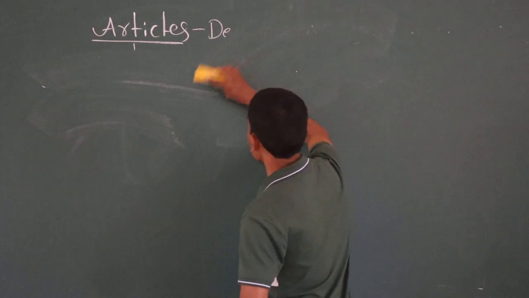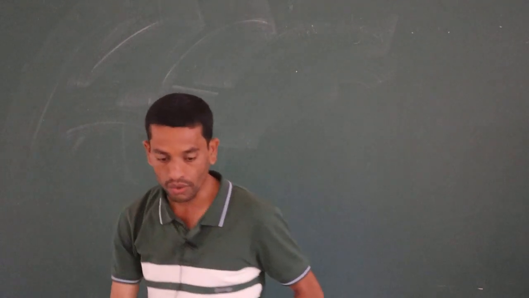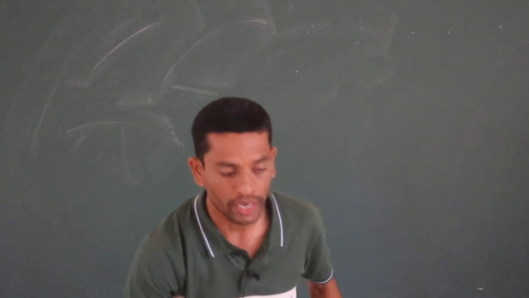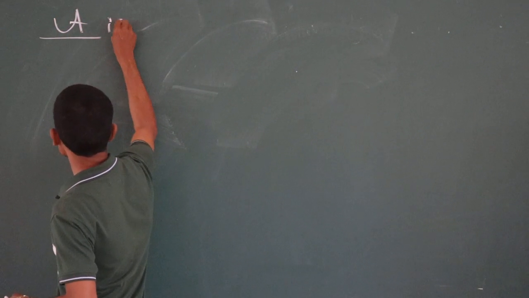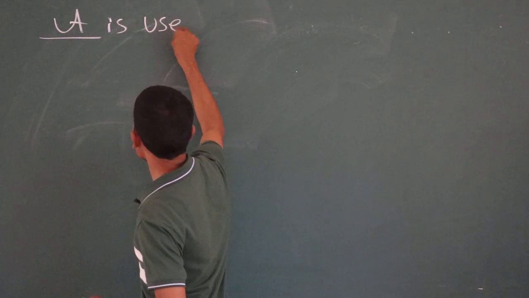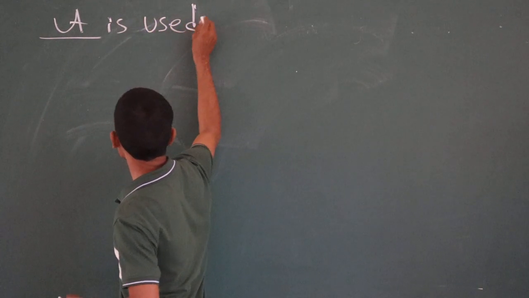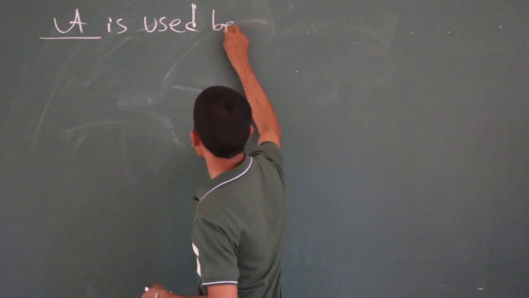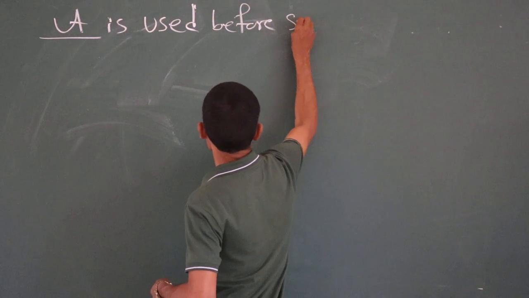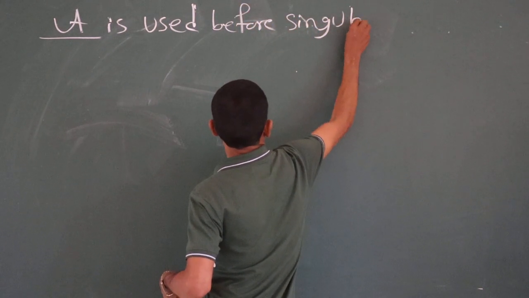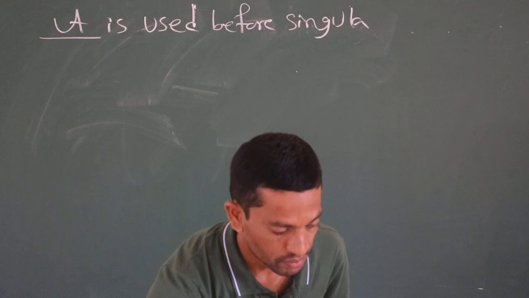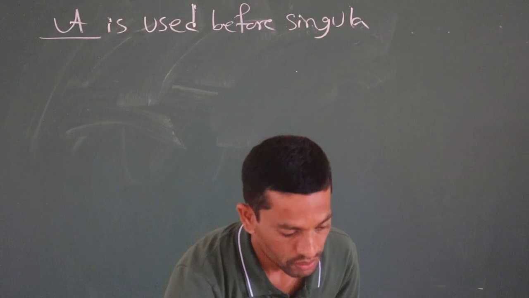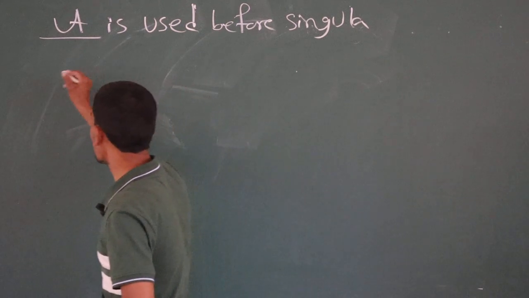Okay, no problem. Now we discuss where to use the article 'a'. Yesterday we already discussed that 'a' is used before a singular. Before a singular we have to use the article 'a'.